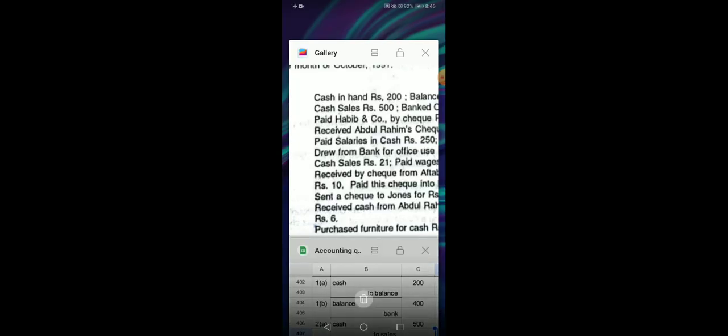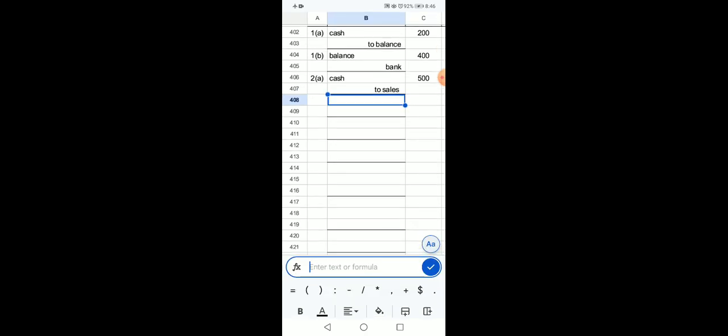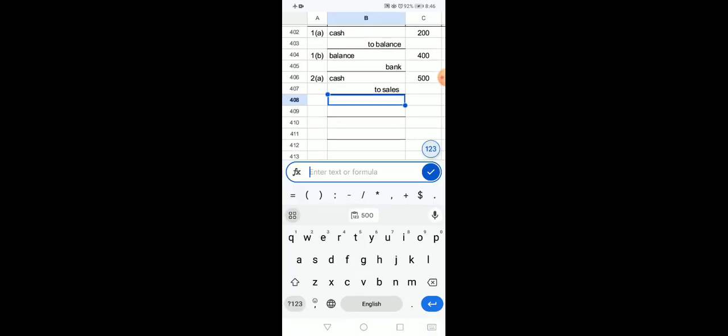2A is completed. Now what is second part of 2? It is saying banked cash 200. In other words, you can say you have deposited cash into your bank. When you deposit cash into your bank, it means amount present in your bank account would be increased. Increase in bank account means increase in asset. Increase in asset should be debited. So you will debit name of bank account on debit side.